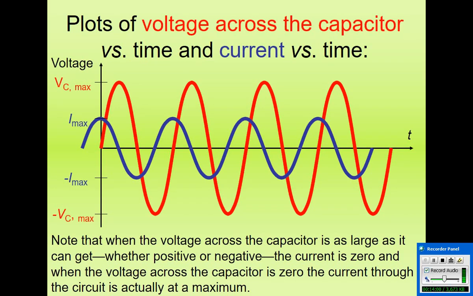On the other hand, when the current in the circuit is 0, that means that the voltage across the capacitor is maximum because the charge on the capacitor is maximum. And if we follow this driven sinusoidal behavior, remember this external voltage source is driving this behavior, we get the repetitive behavior that we see on the screen for these two quantities.